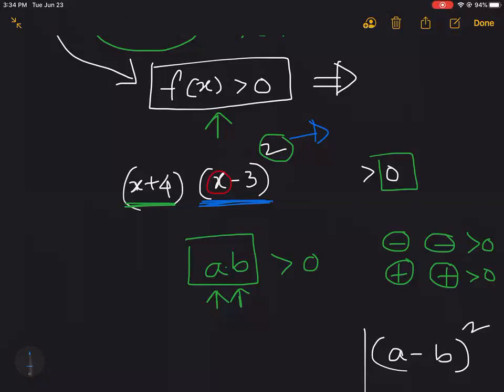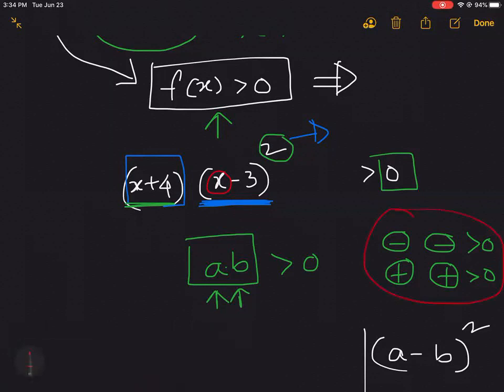Anyway, as we know, this guy is going to be positive, at least non-negative, and as long as x is not 3, it will be strictly positive as well. But for this guy, we need to decide. As I said, both of these have to be of the same sign.